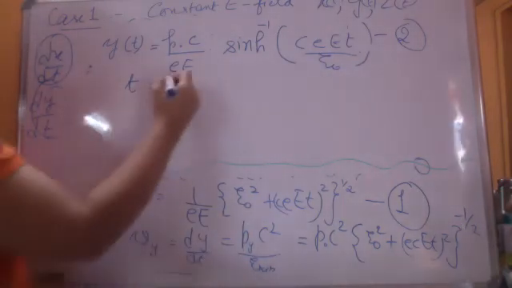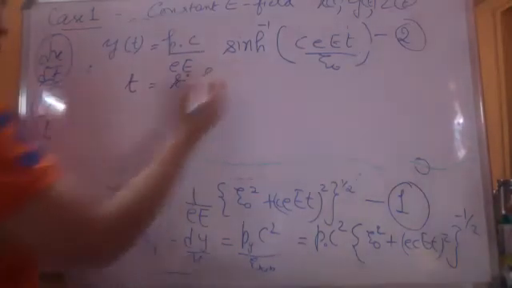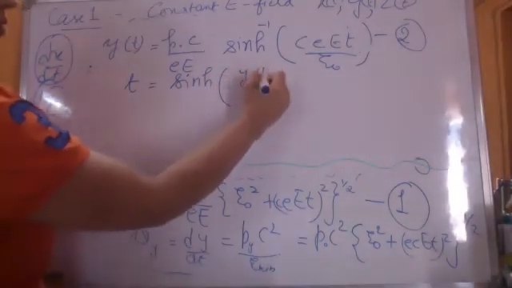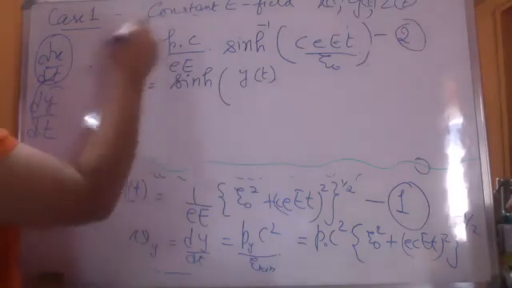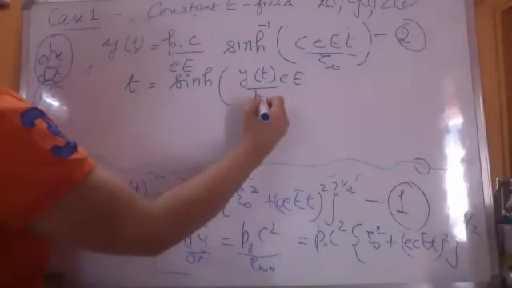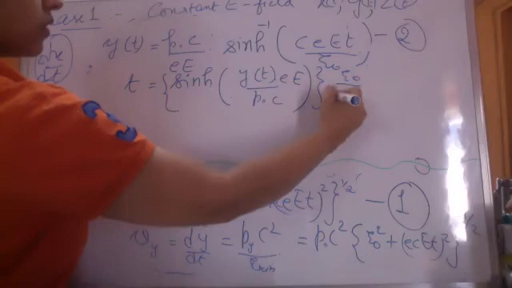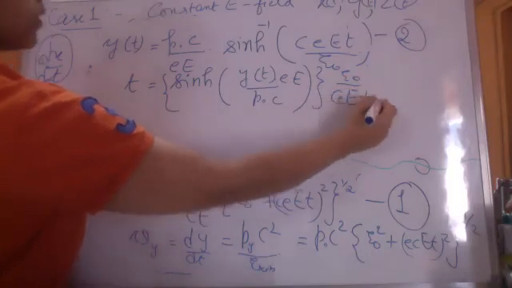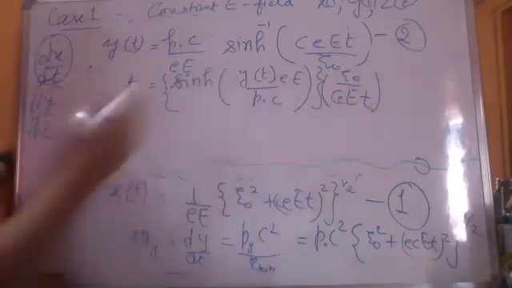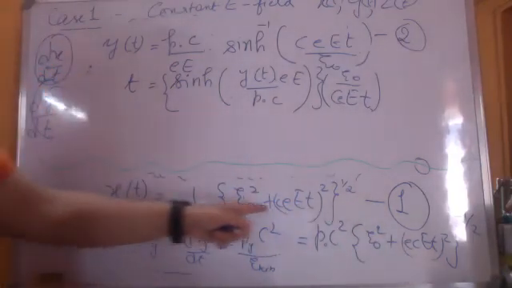If I do that, I simply get my equation to be something of the kind, and I substitute for t from here into my equation for x here.